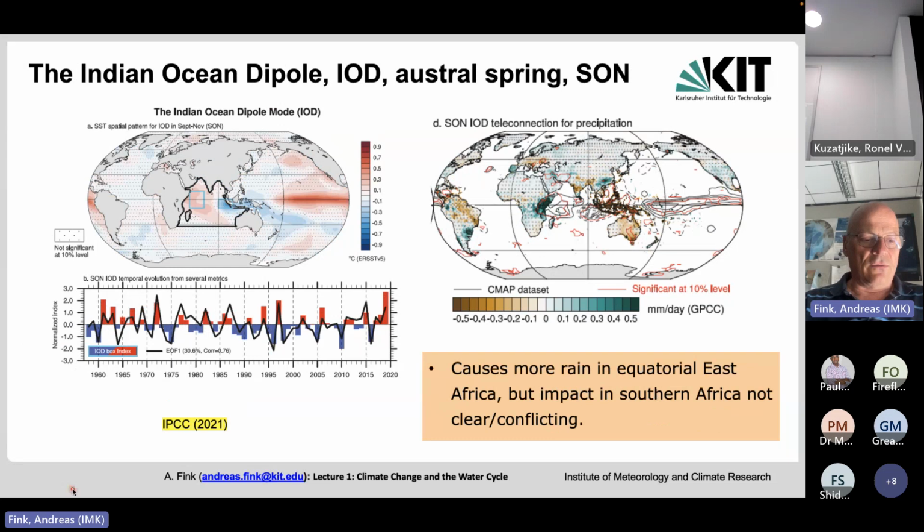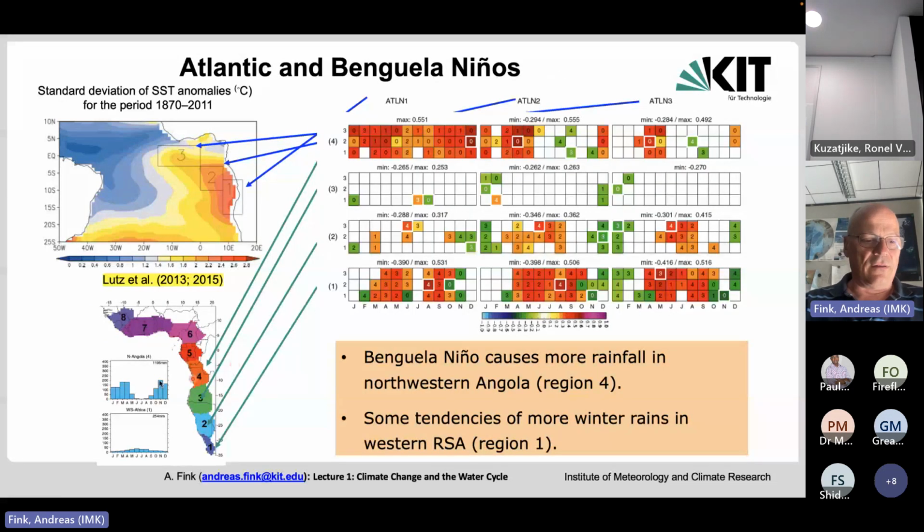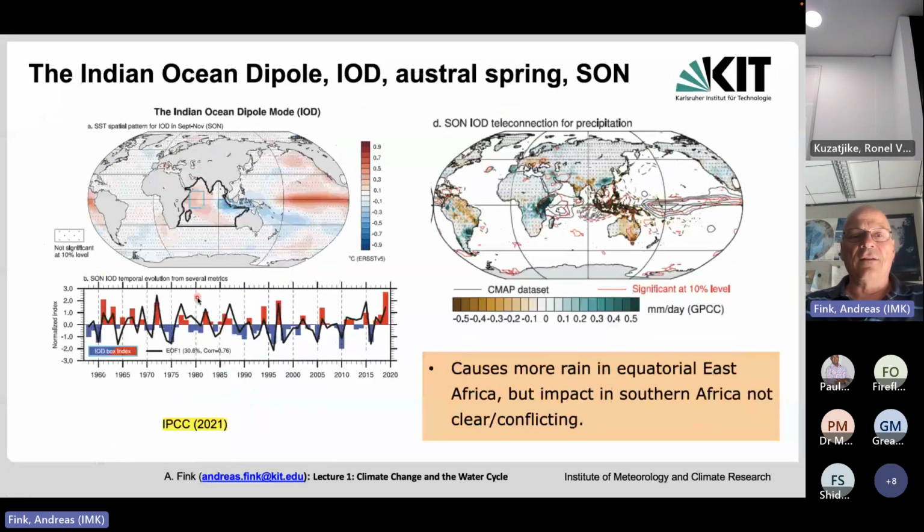Now I'm coming to the last teleconnection in the Indian Ocean. That's the Indian Ocean dipole mode. When you look here, you see the Western Indian Ocean and the Eastern Indian Ocean, west of Sumatra. We have warmer conditions here and colder here if the dipole is positive.